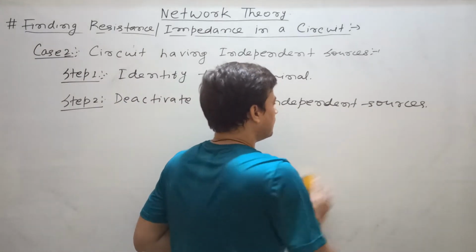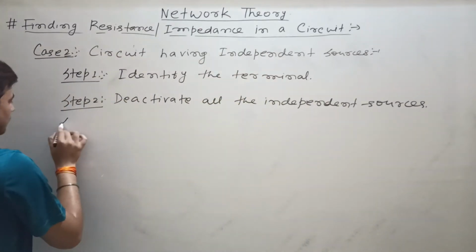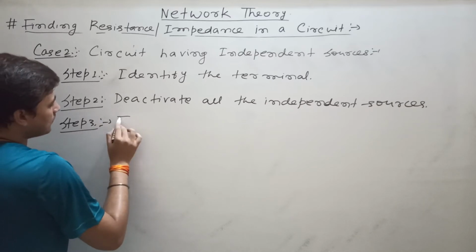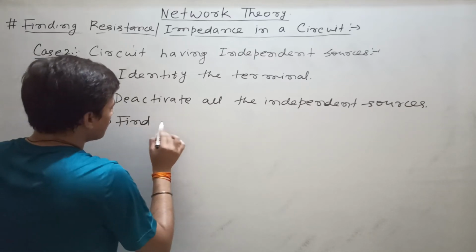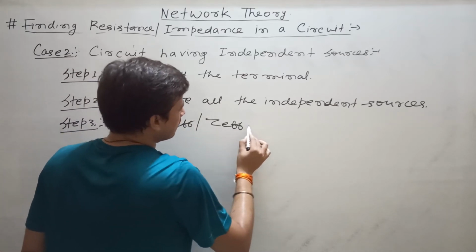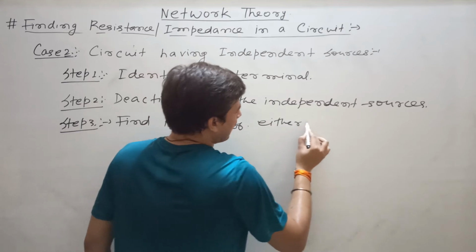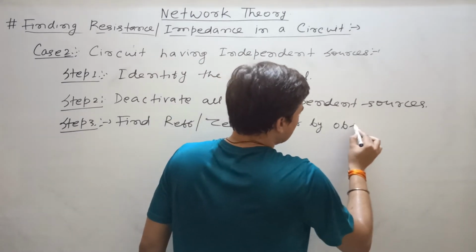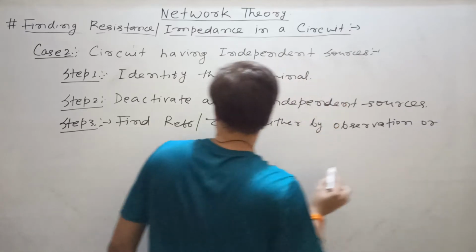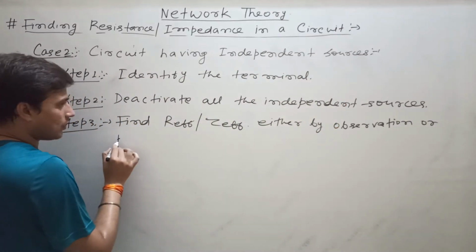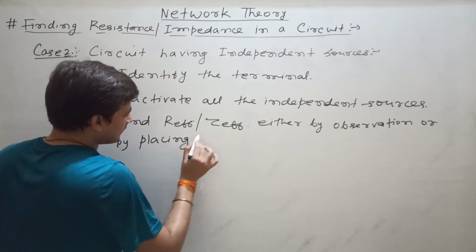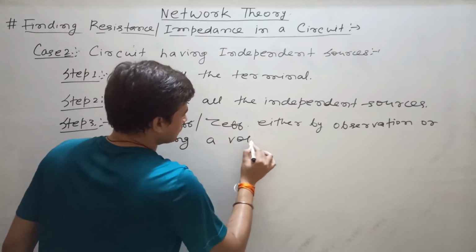Third step is, now if sources are absent, then find R effective or Z effective either by observation, or by placing a voltage source.